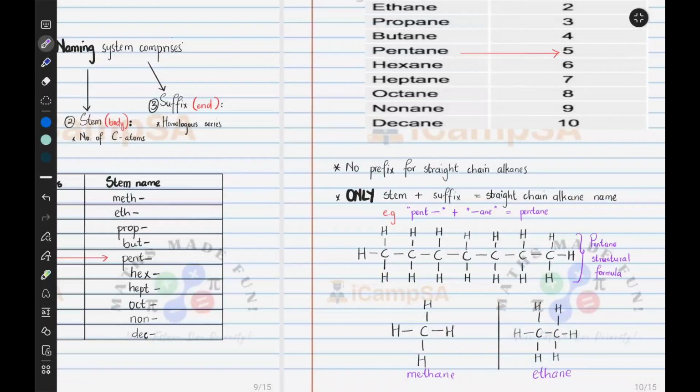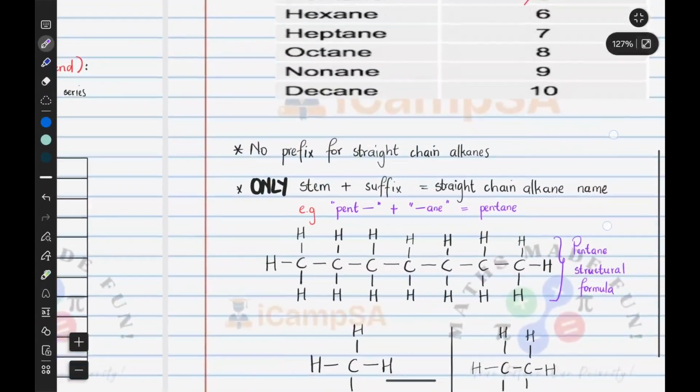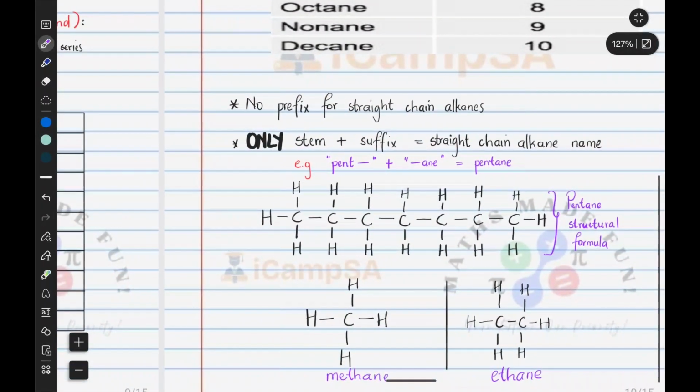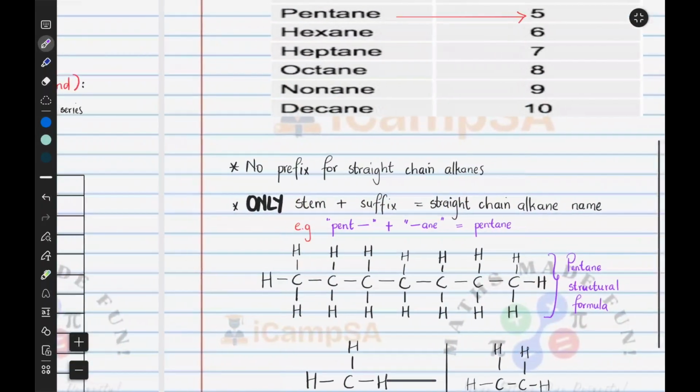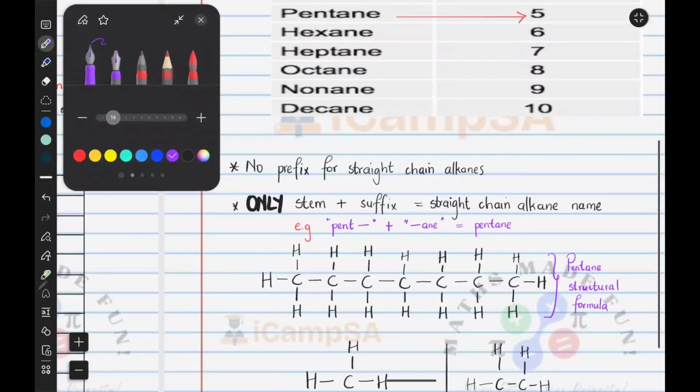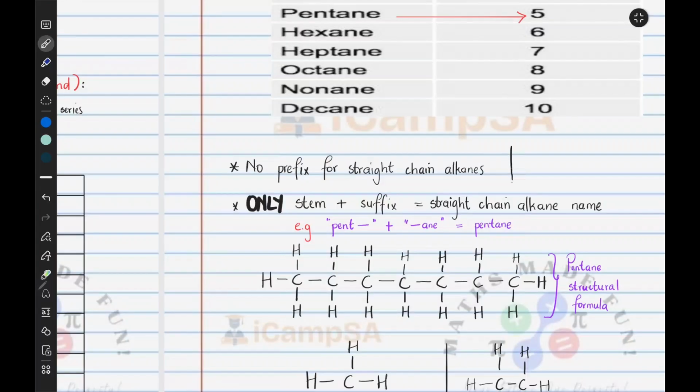You can of course also draw the condensed structural formula for pentane, or for methane, ethane, and any other organic compound for that matter. Remember, if you forgot what it is, you can go back to the intro.